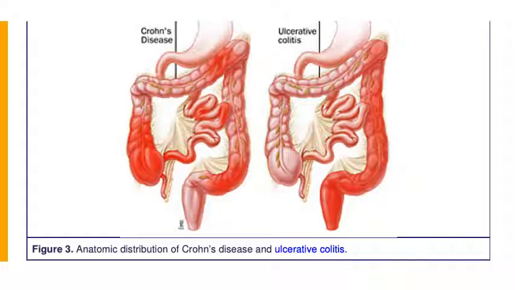So this is a picture showing the anatomic distribution of Crohn's disease and ulcerative colitis. You can see ulcerative colitis is affecting the entire colon. There are no skip lesions. You can see it affects the whole thing uniformly till wherever it affects and nowhere else.